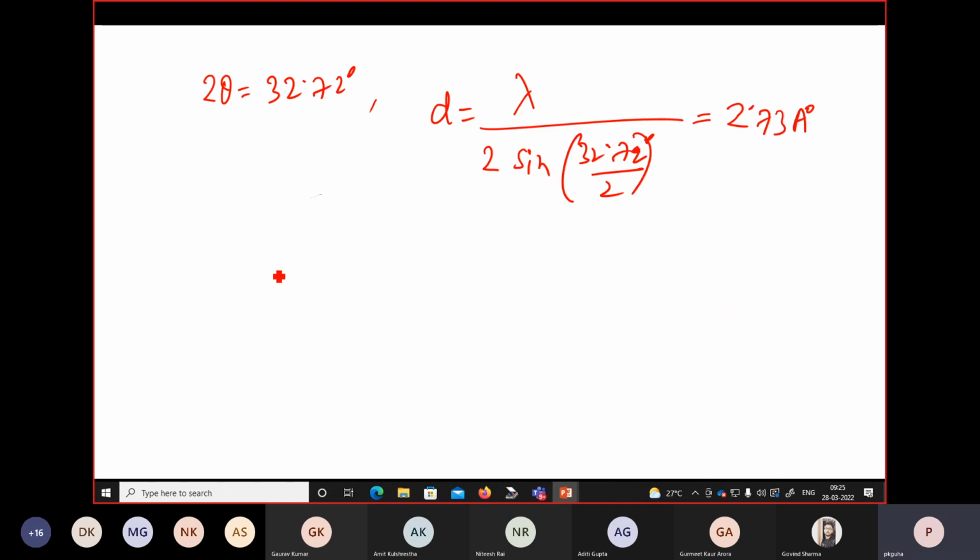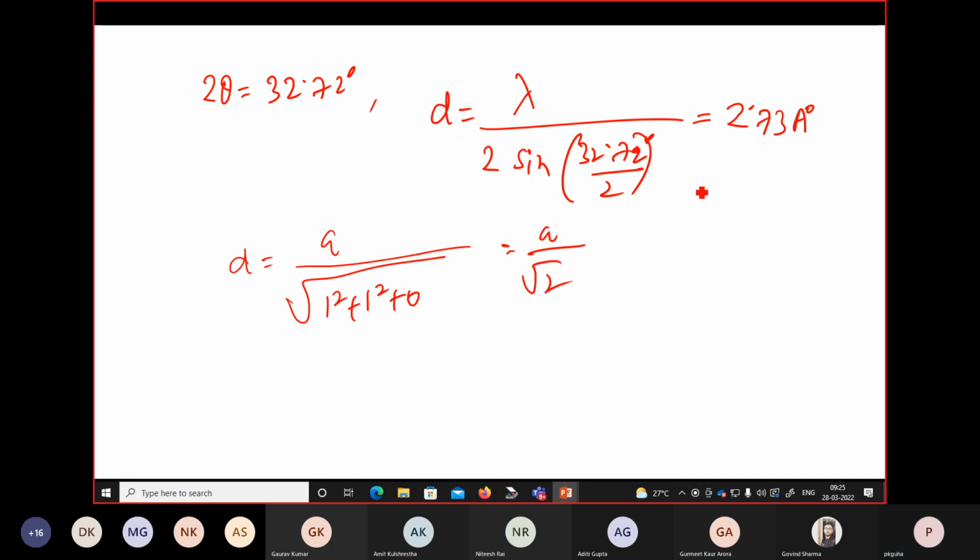So if it is 110, we have d equal to a over the square root of 1 squared plus 1 squared plus 0, that is a over root 2. If you want to find a, it will be this multiplied by root 2, and you will get 3.87.